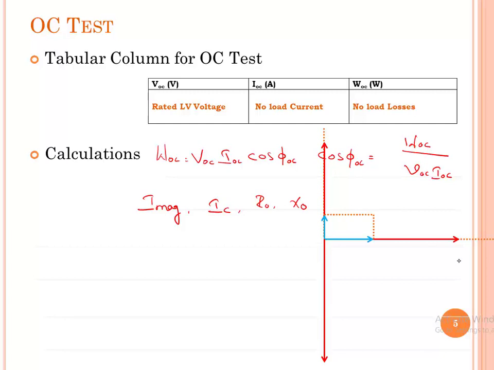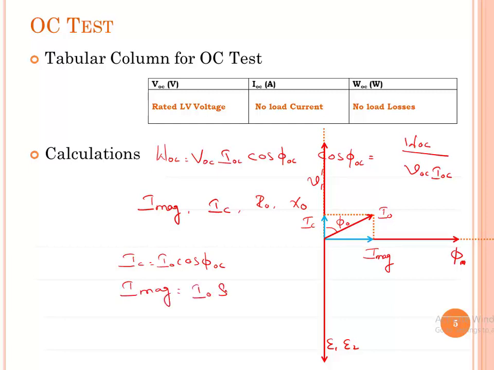Taking the vector sum of IC and I magnetizing, we'll get the no load current I naught, where this angle is called as the no load power factor angle phi naught. From this triangle we can write IC is equal to I naught into cos phi OC. Similarly, I magnetizing can be written as I naught into sin phi OC.